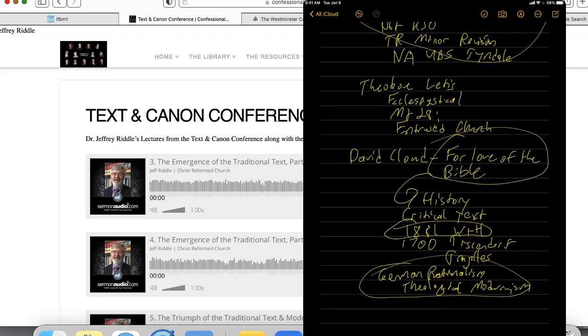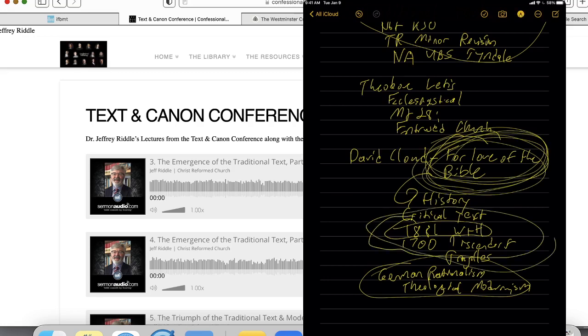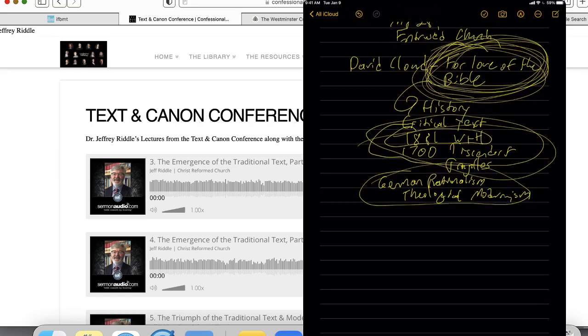So David Cloud's book For Love of the Bible, and again, I don't endorse everything in it, but the history on the development of what laid the groundwork for today's Nestle-Aland text, and particularly with Westcott and Hort, is very, very well researched. Of course, I don't really accept it. And there are other positions on the Greek New Testament, which are called the majority text.